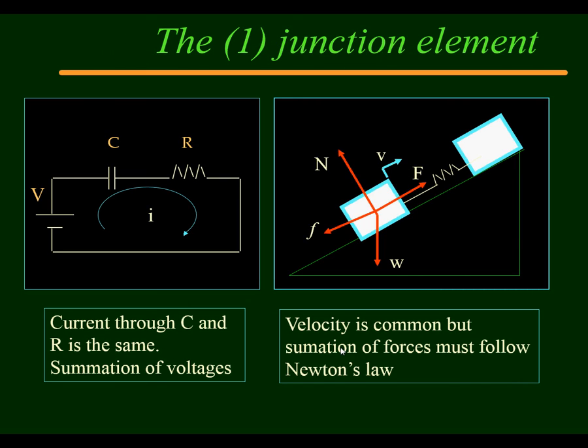The last component of those 9 is the one junction. The one junction, as you can see in the picture on the left-hand side, means a common flow. This is a common flow junction. That means you can have in here, this flow is the same, and you could actually build the system around this. You say constant flow, and in here, this is my R element.